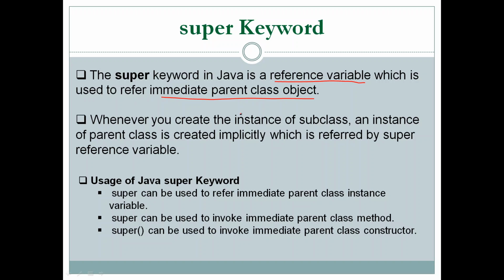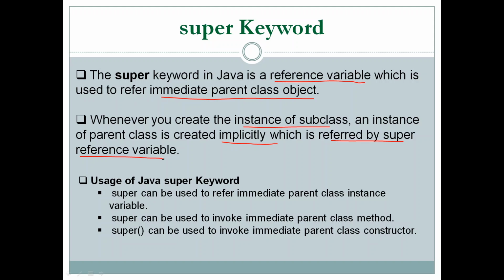Whenever we create an instance of a subclass, an instance of the parent class is implicitly created. So, whenever we create an object of subclass, an object of parent class is also implicitly created, and that is referred to by the super reference variable, or the super keyword.